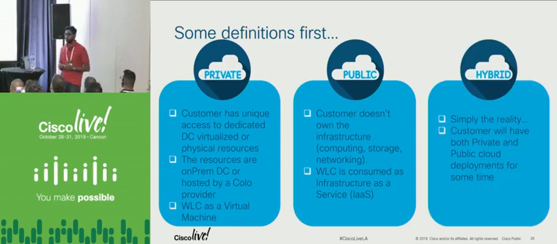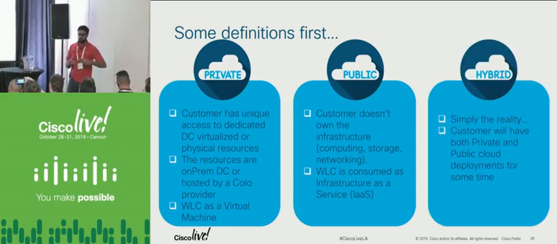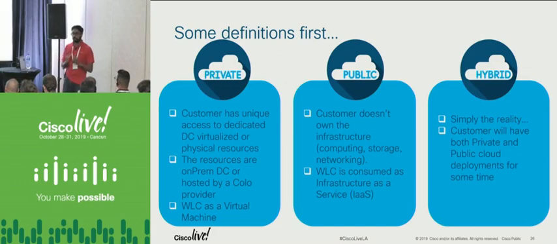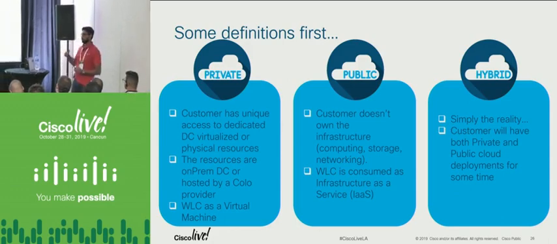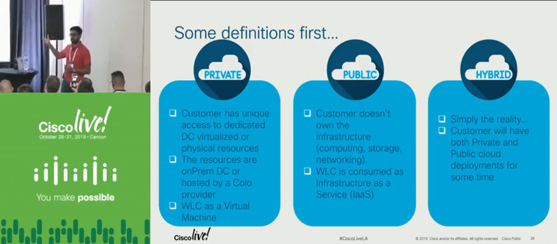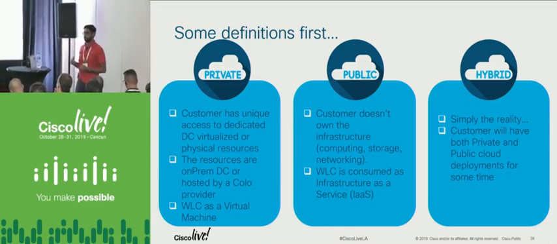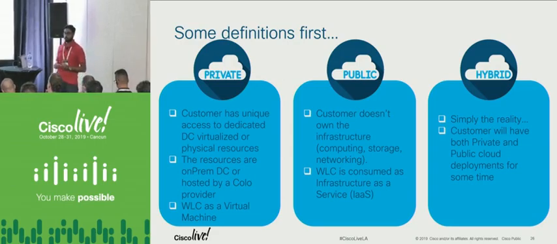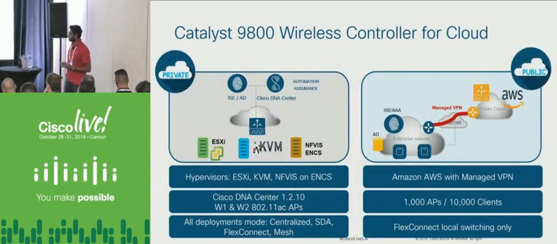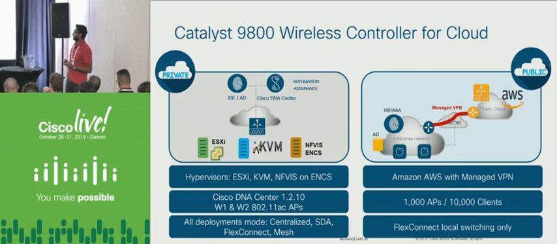And hybrid, basically becoming the reality, is private cloud and public cloud talking to each other. An example would be a 9800 private cloud instance talking to DNA Spaces in the public cloud, which will more likely start becoming reality in the future, wherein public and private cloud spaces form a hybrid cloud instance. So this is a high-level view of the cloud portfolio.